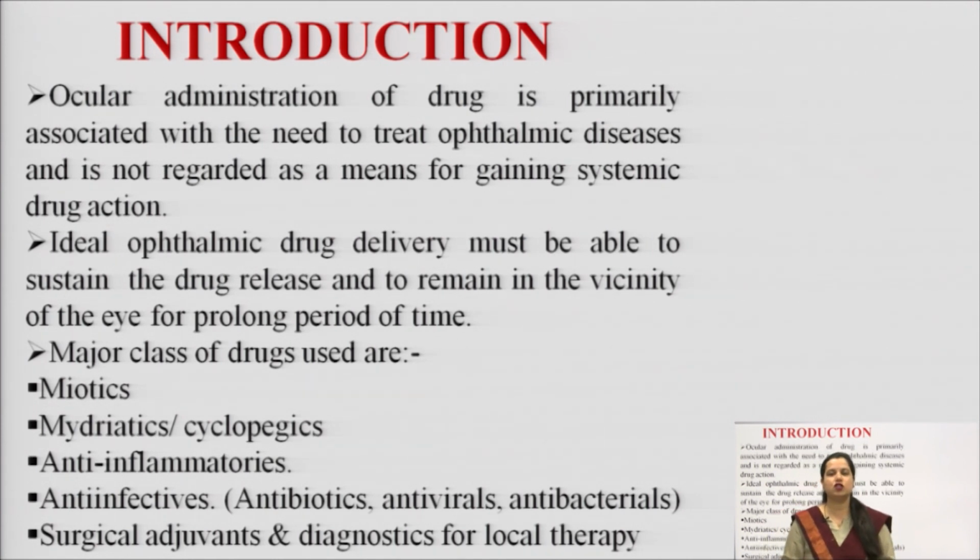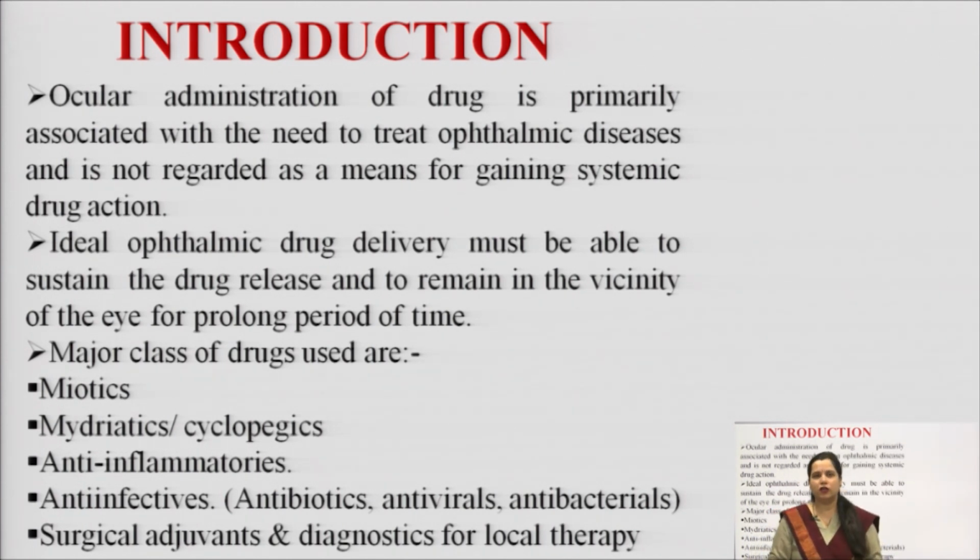Ocular administration of drug is primarily associated with the need to treat ophthalmic diseases and is not regarded as a means for gaining systemic drug action. That means, if we want to achieve local action within the eye, that comes under ocular administration in ocular drug delivery system in a sustained manner.